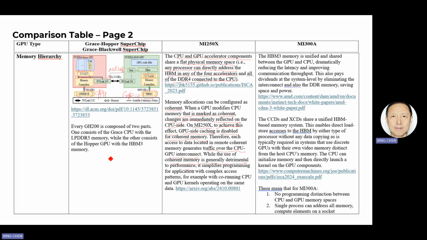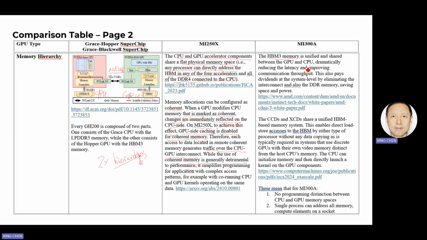Actually, you have two hierarchies for GraceHopper. But for MI300A, there is only one hierarchy. There is only one memory system. That's the HBM memory. Now, it's unified. It's called unified memory by AMD.